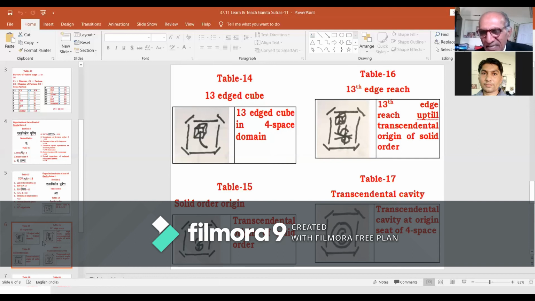It is this cavity feature at the origin seat being bridged because of the higher order, that is the solid order content.